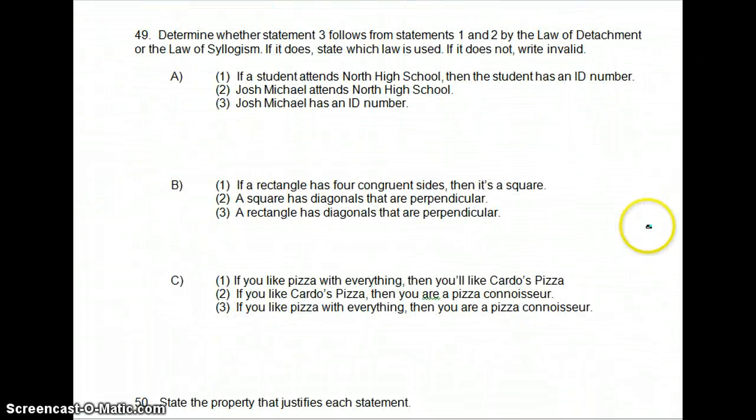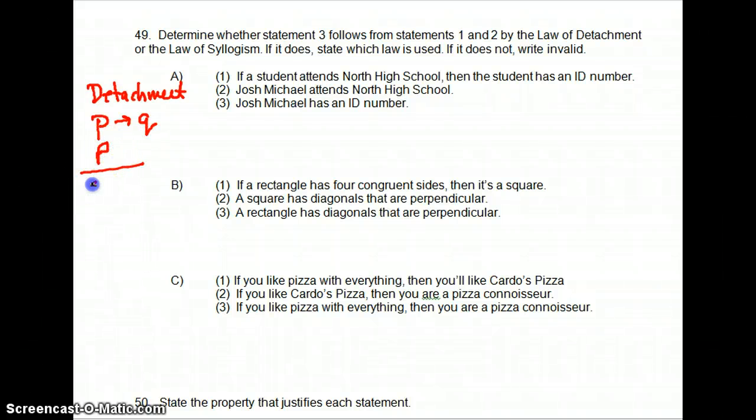49. Determine whether statement 3 follows from statements 1 and 2 by the law of detachment or syllogism. If neither one works, it's invalid. All right, let's look at the rules first. Detachment is P implies Q. P is true, therefore Q is true.